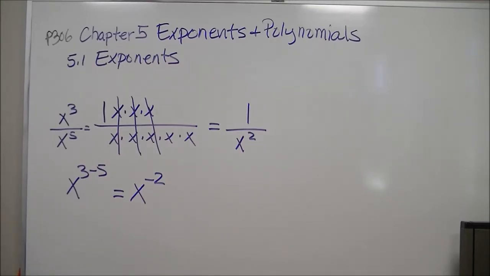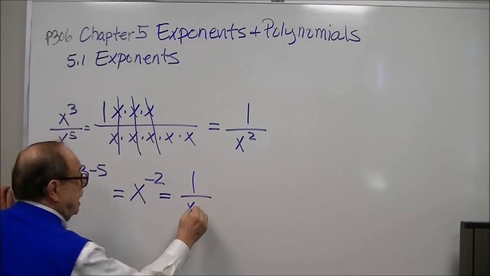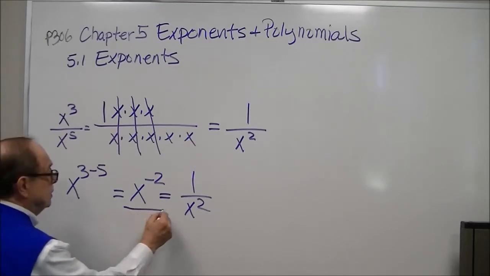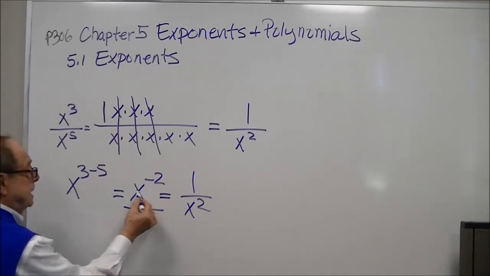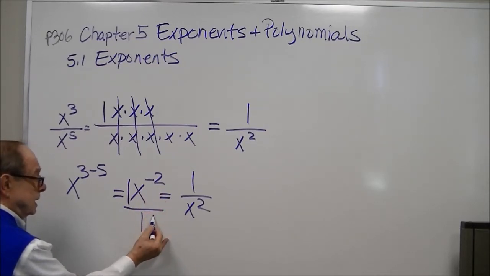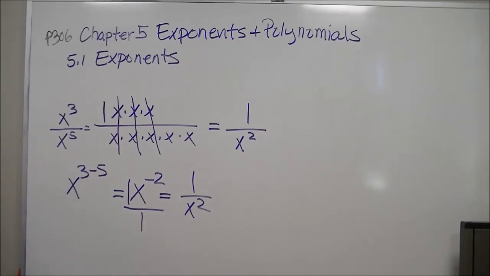So what is x to the negative 2? Well, we said that this and this were equivalent. So really, all that we're doing is taking this negative exponent, bringing it across the division bar, and it's changing its sign. So we're getting a little bit of background on this, which is critical.